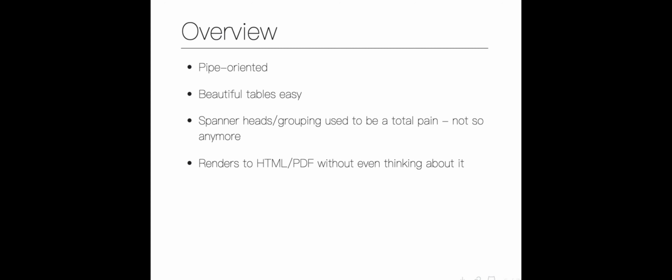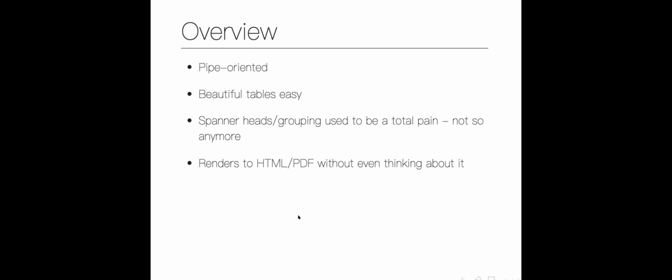Okay. Things like spanner heads and groupings, like row groupings, used to be so much work. And with GT, they're almost automatic. So that's really nice. kableExtra has also expanded its functionality with those things quite a bit. So in recent years, it's become a lot easier with kableExtra too.